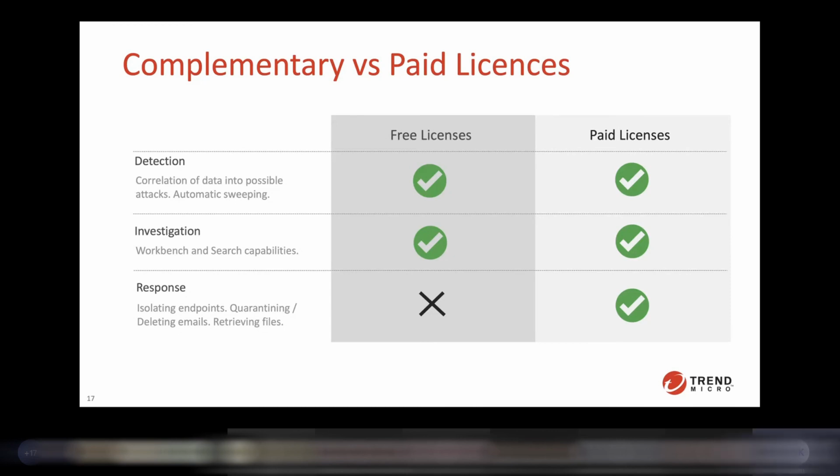But for now, the message to the customers is that the complementary access is only detect and investigate, but no response. In the paid license, we have a full set of features, so we could do a response as well.